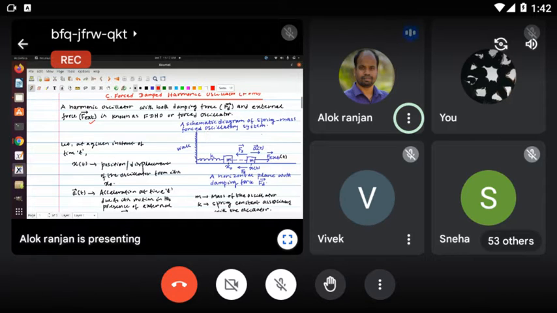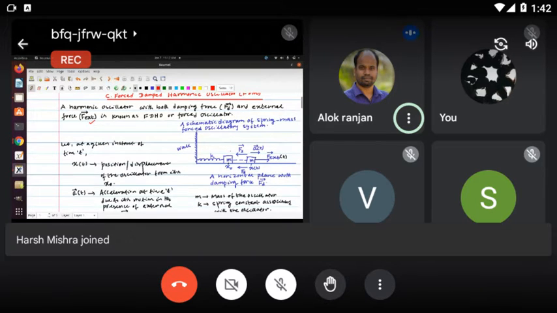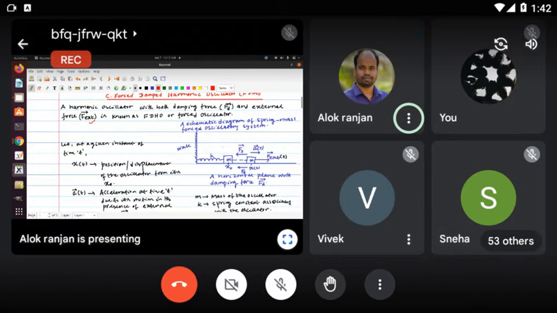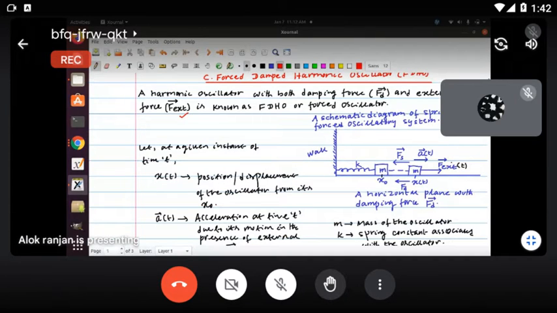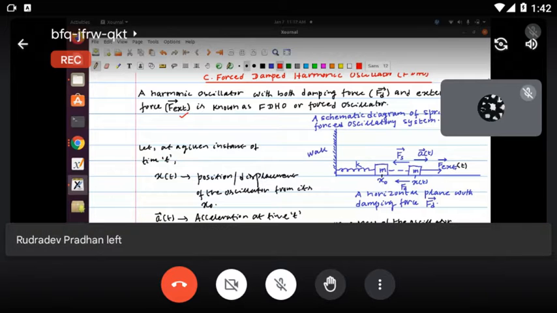Here is the schematic diagram, and again we'll work with a horizontal spring-mass oscillator system. You can also work with a vertical spring-mass system, even the pendulum case. We have an external force F ext of t, and the oscillator is now forced to move along the direction of the external force. For example, if the external force is towards the right, the oscillator is forced to move to the right.